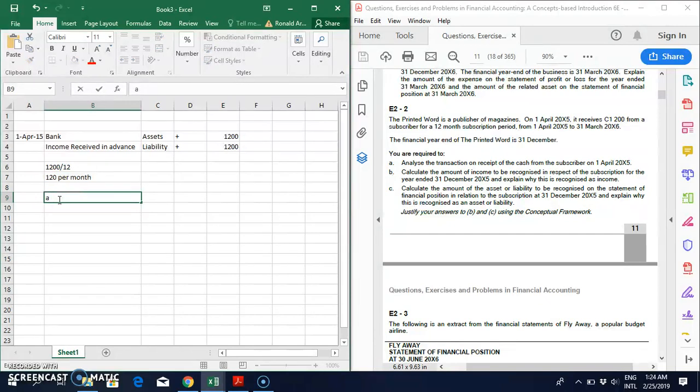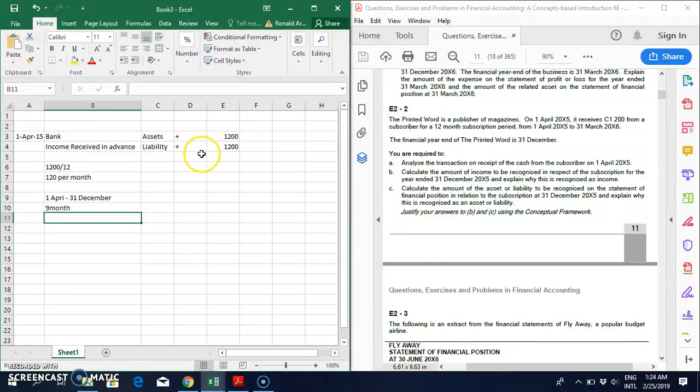From the 1st of April up until the 31st of December, that's how many months? Here we have 9. So we rendered the service for 9 months.